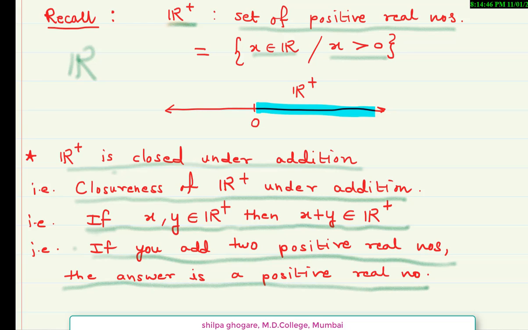This is what is meant by the statement that if x and y belong to R plus, then x plus y also belongs to R plus. This closure of R plus under addition is a very important property, and I will be using it when I prove some elementary results in a short while.